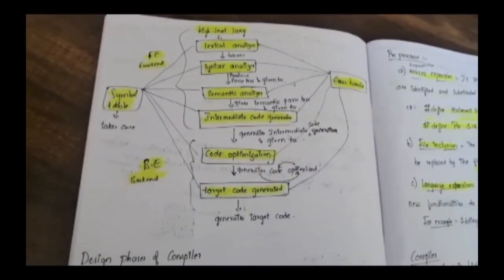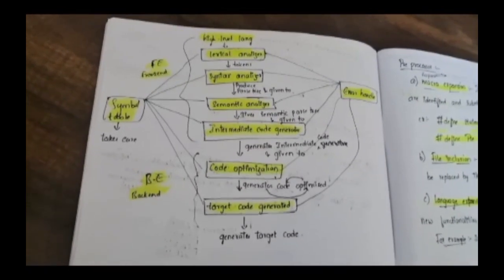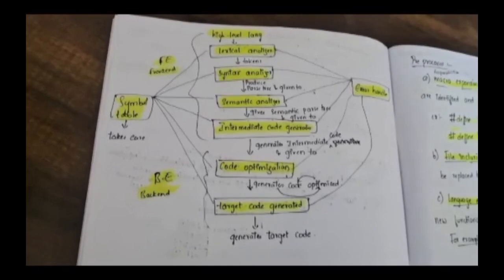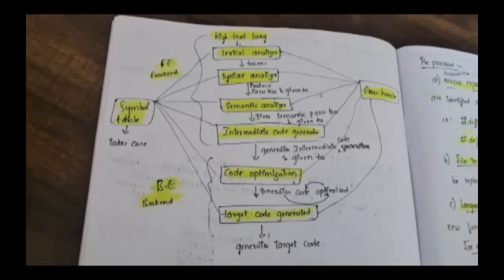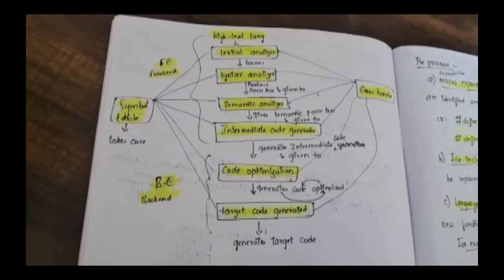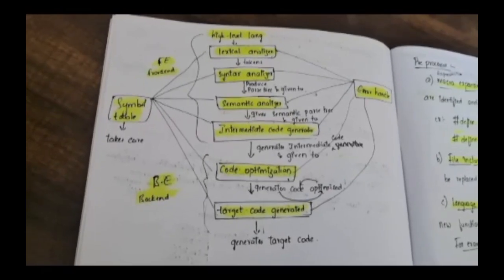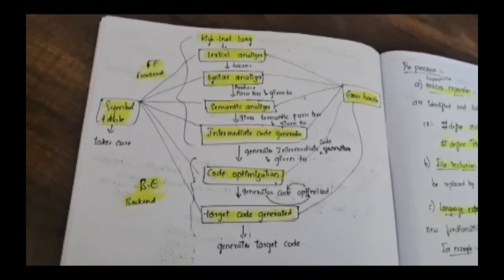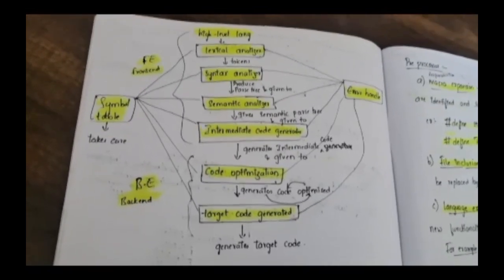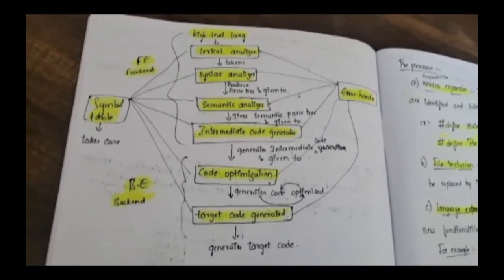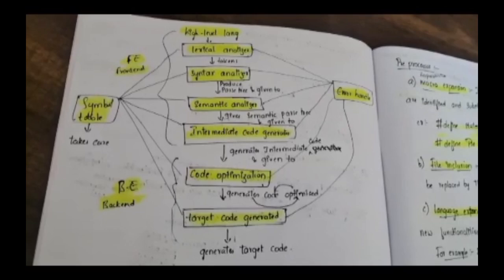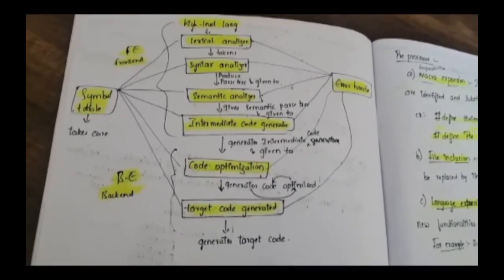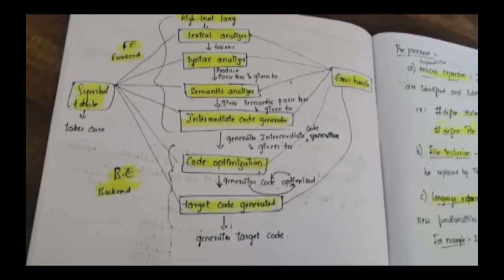Next, we'll be discussing the phases of compiler design. What is the process? First, we have the high level language. That is given to the lexical analyzer. What does the lexical analyzer do? It generates tokens, which are further given to the syntax analyzer. The syntax analyzer produces a parse tree, which is given to the semantic analyzer.